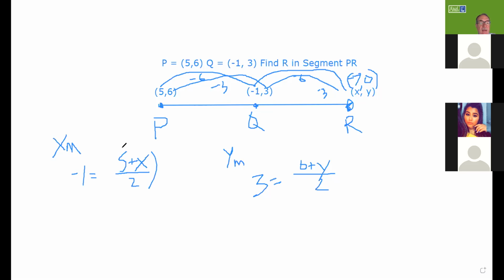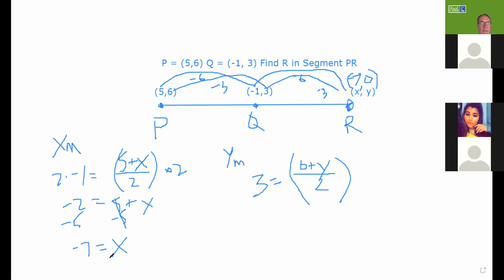So let's go back to these. Times 2, times 2. I got -2 equals 5 plus X. Take away 5, because now I'm solving for X. Does that match my predicted X value? Yep, sure does.